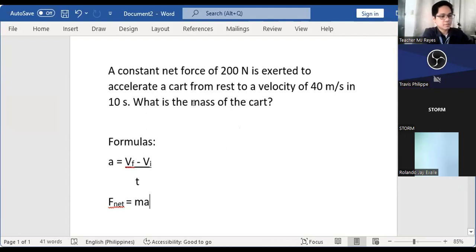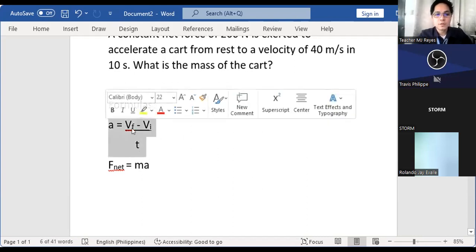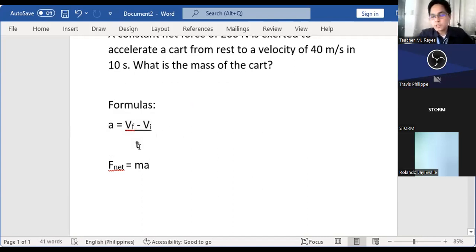What is being asked in the problem is the mass. We need to look for the mass. I already gave you the formula there. The formula for acceleration, which we previously discussed in your lower years, is acceleration equals final velocity minus initial velocity over time, and your external net force is equal to mass times acceleration.